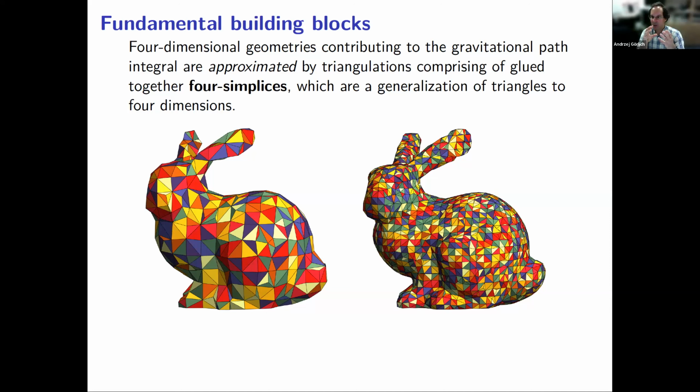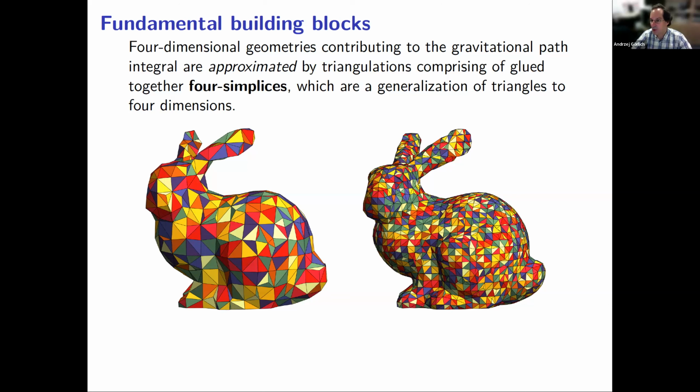Our fundamental building blocks are 4-dimensional equivalents of triangles, which we call 4-simplices, and we glue them together so that we form a triangulation with a given topology and preserve some conditions.